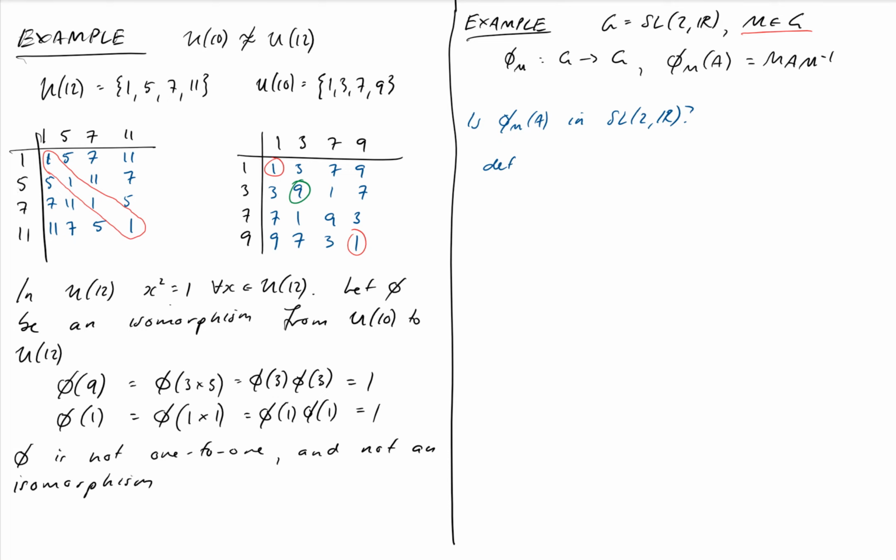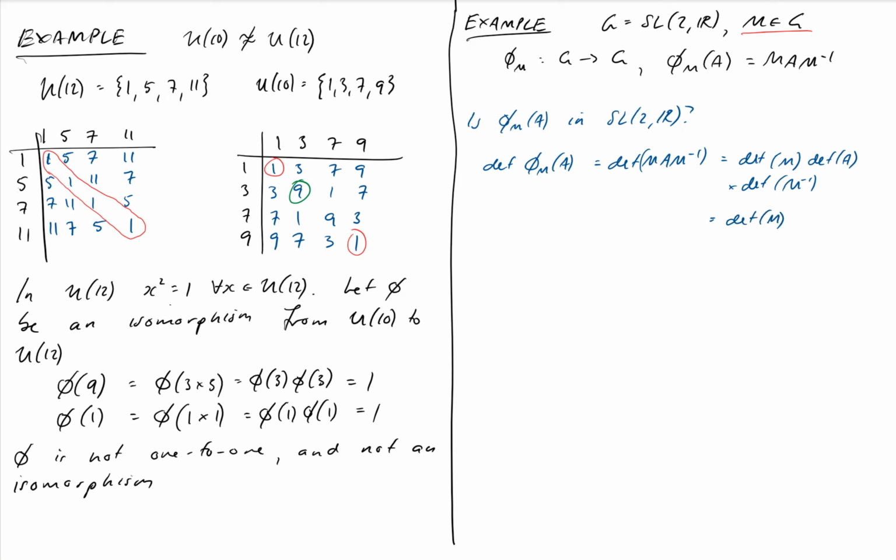So the determinant of phi M of A is equal to the determinant of M A M inverse, which by the properties of determinants is equal to the determinant of M times the determinant of A times the determinant of M inverse. The determinant of M is just whatever it is.